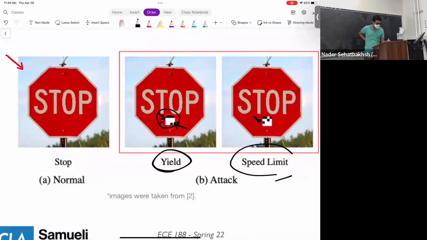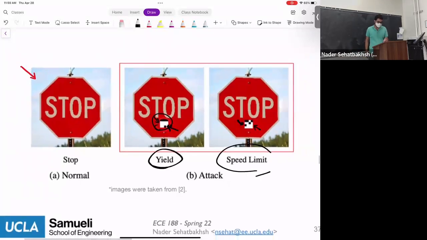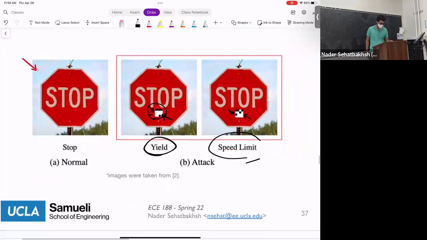As you can see, the amount of change that we made to this stop sign is very, very tiny. We just add this very tiny patch, and somebody can just stick it to the stop sign. And unfortunately the system is fooled and thinks that this is not a stop sign, but another traffic sign. Okay?